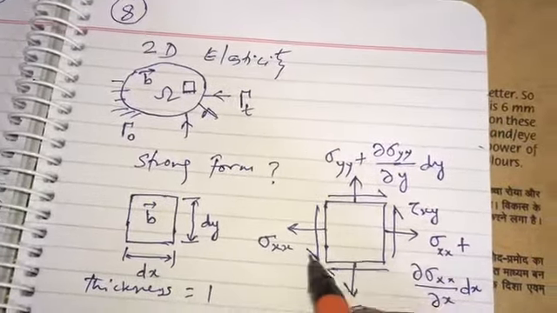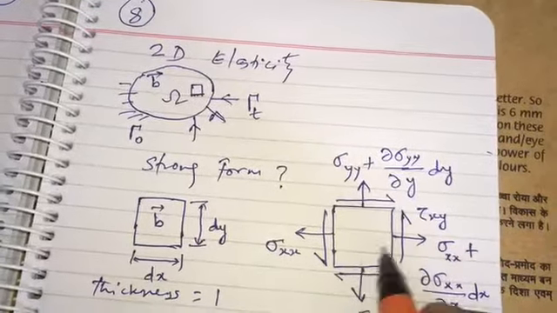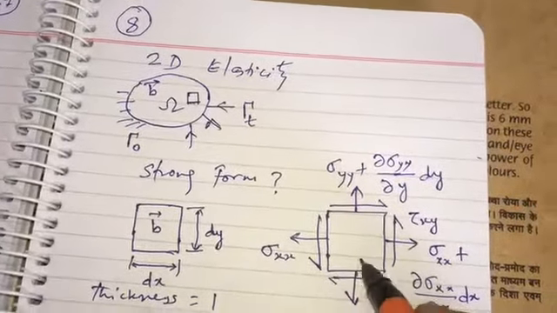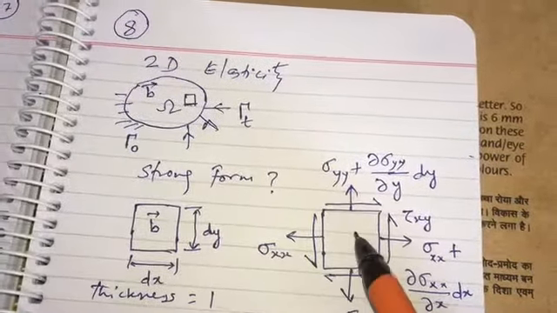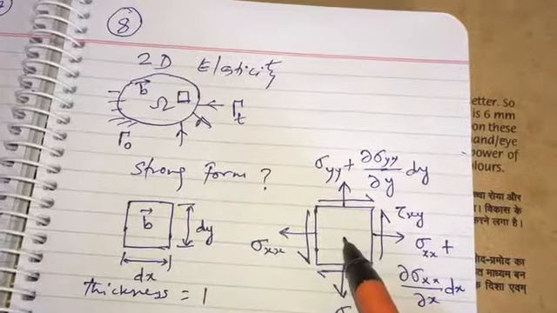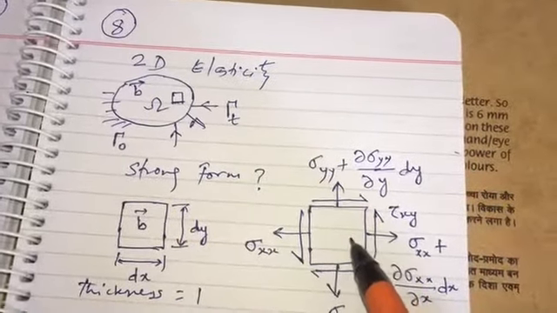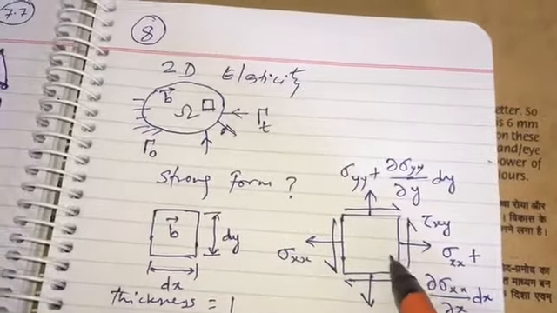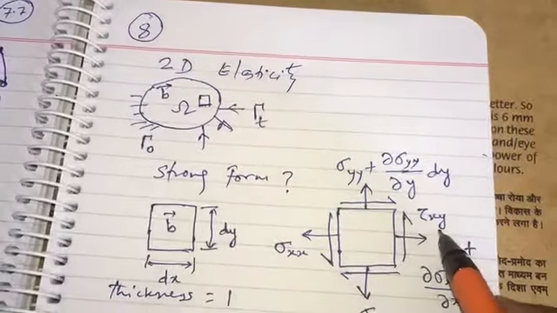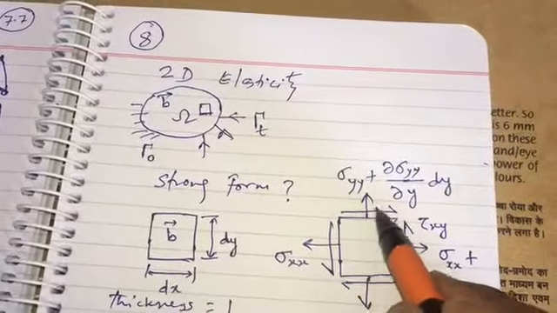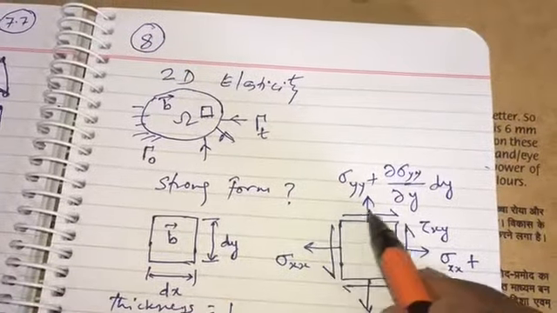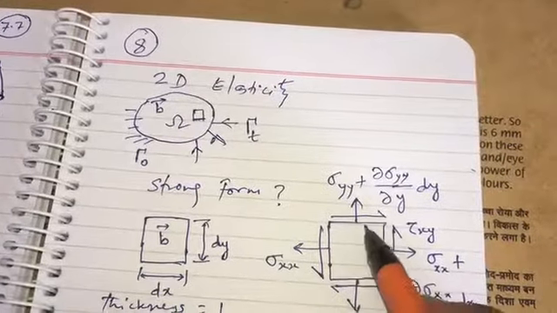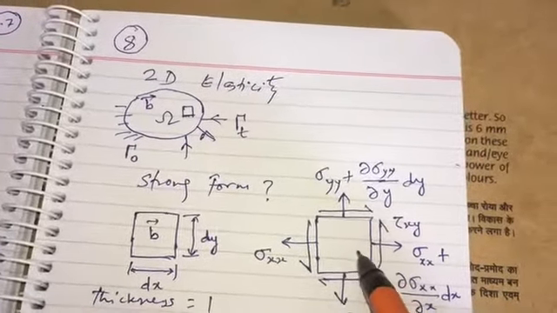However, there will be a little variation because of the forces. What I mean is when you go from one point to another point, the stresses may vary. However, at one point, these two shear stresses will be equal if you are looking at one point.